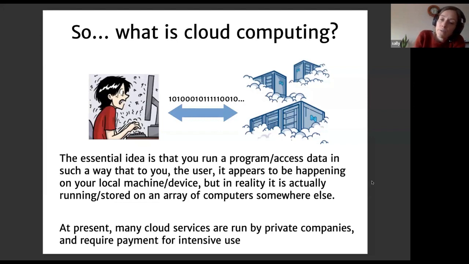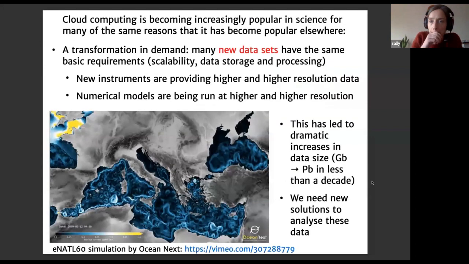The reason that this has become increasingly popular in science is the same reason that it's become increasingly popular in everyday life. And it's the reason also that it's Google and Amazon that run these servers. It's because they're companies that are dealing with massive amounts of data, so they're big enough for it to be worthwhile investing in this infrastructure.